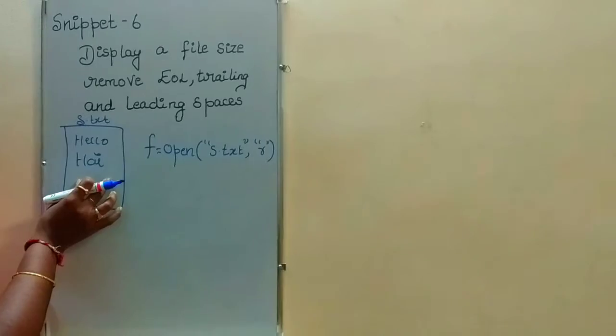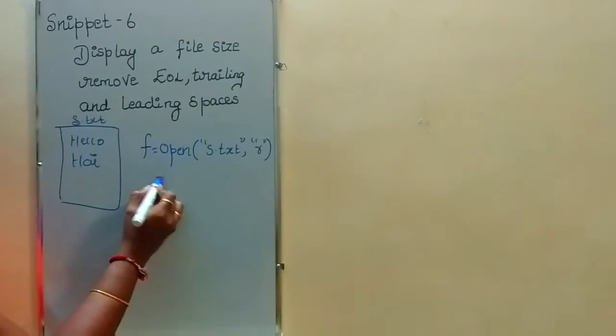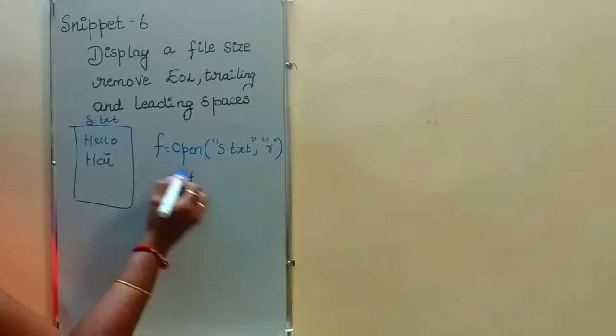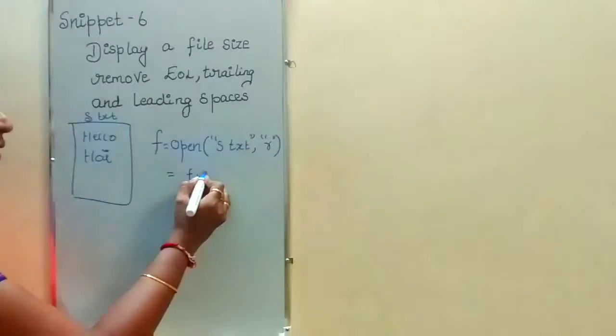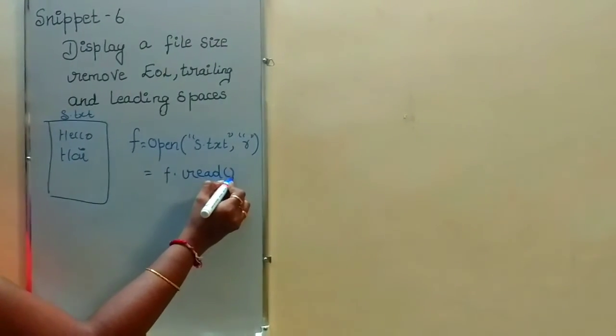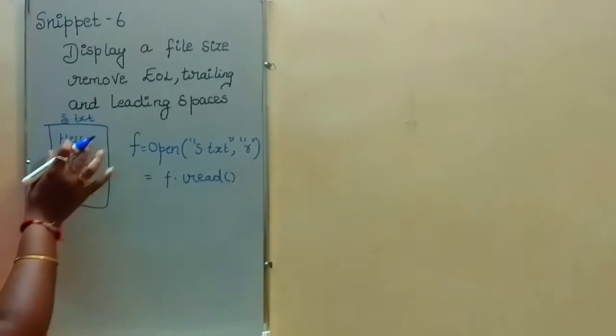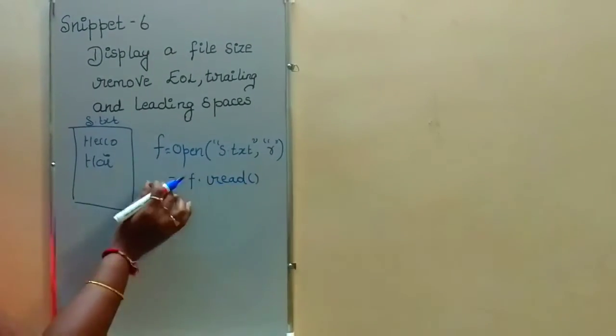You want to read this file, so using the read function, you can read this file. First take this file handle. Which operation are you going to perform? A read operation.